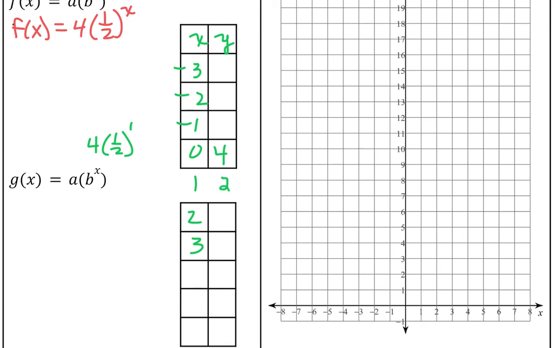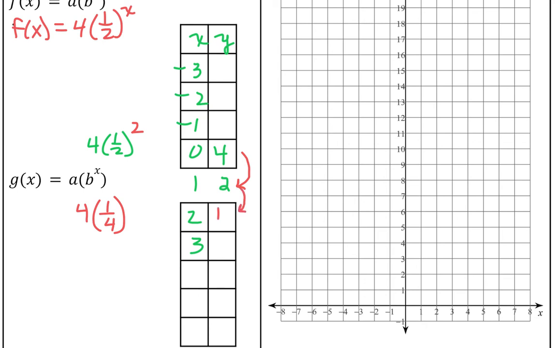So what happened in that jump between 0 and 1? That function decreased. Well, what if x is 2? If x is 2, we have 4 times 1/2 to the second power. 1/2 to the second is 1/2 times 1/2, which is 1/4. 1/4 of 4 is 1. So what's the pattern here?